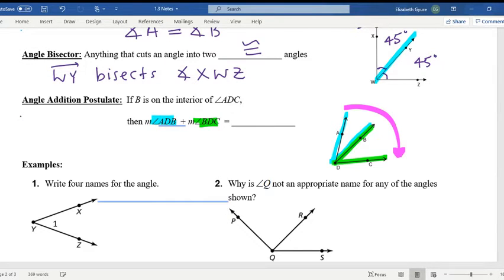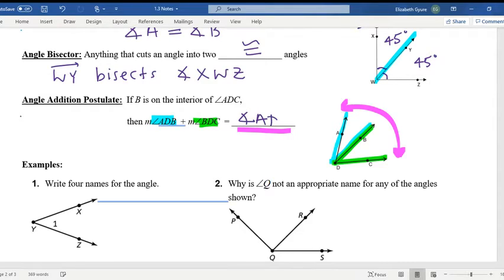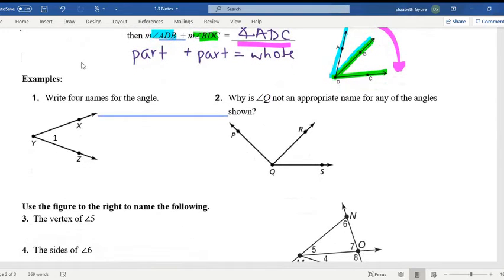This whole thing, which we're going to call angle ADC. So this is again part plus part equals whole. And now let's look at some examples with that.